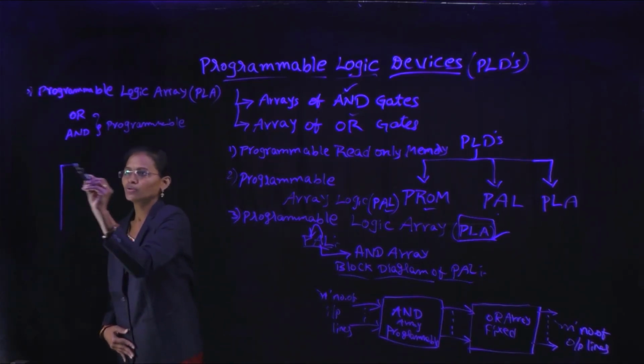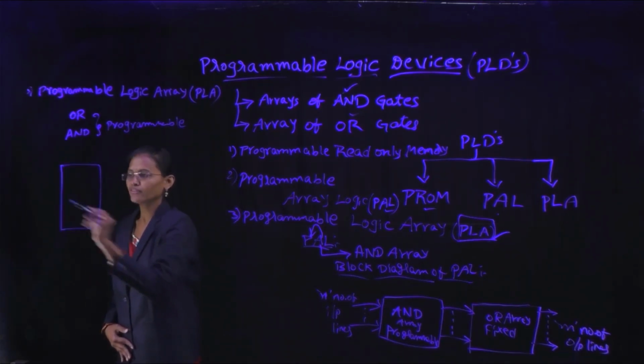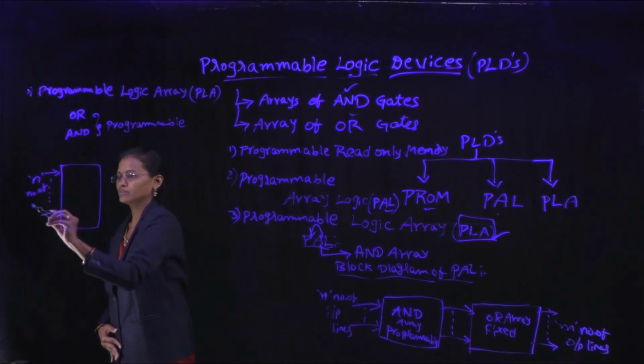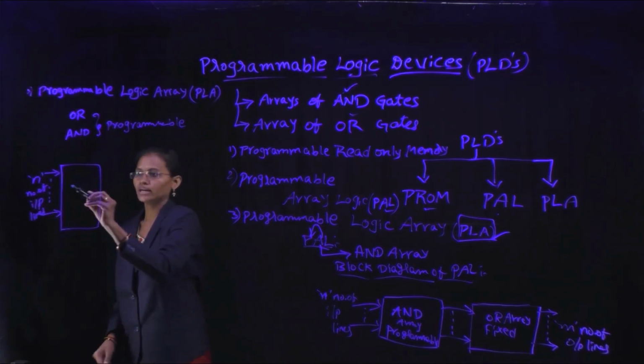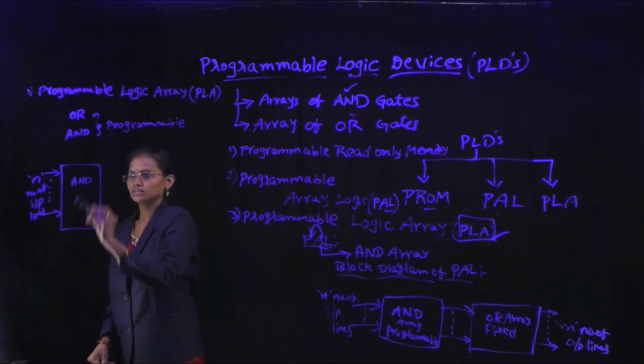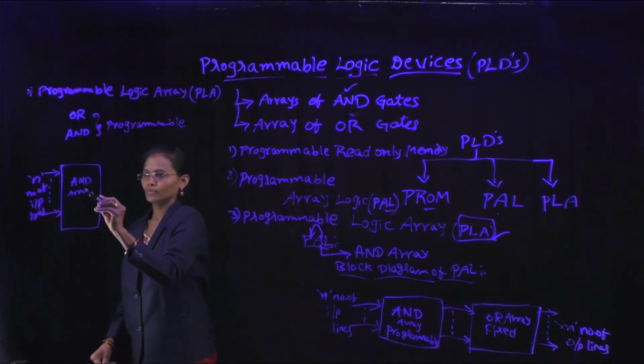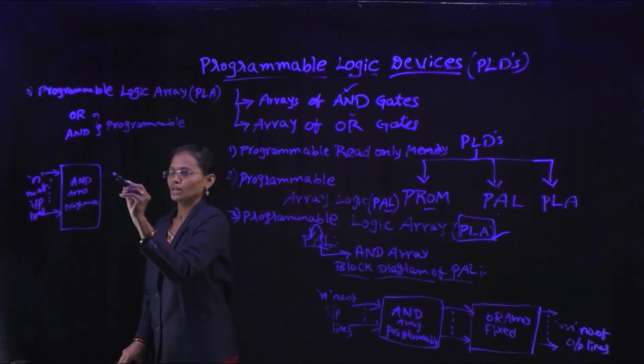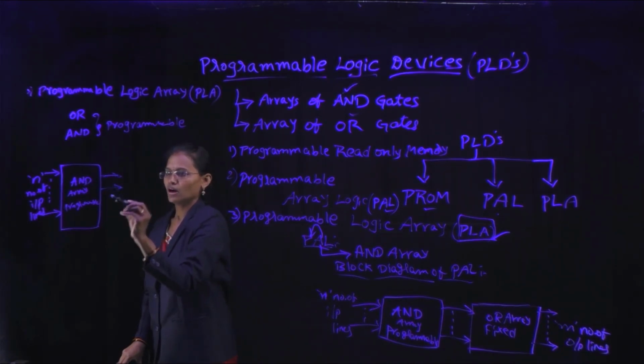Let us see the basic diagram. Here also we give n number of input lines. This is the AND array. The AND array is programmable. And this is connected with the OR array.